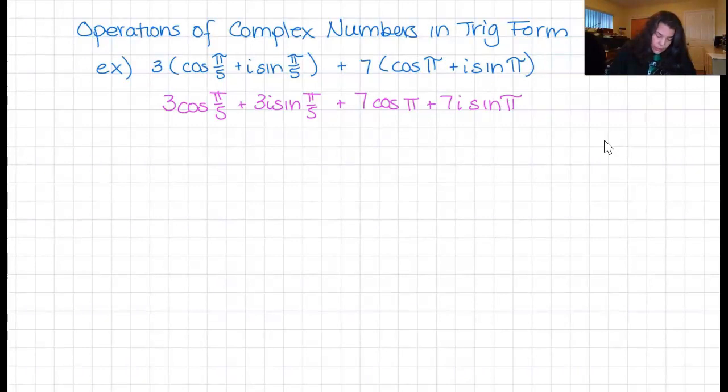So 3 cosine pi over 5. I got to change my calculator first of all to radian mode. And then 3 cosine pi over 5, that's about 2.427. And then I can't do anything with the i on the calculator, so I'm just going to do 3 sine pi over 5.